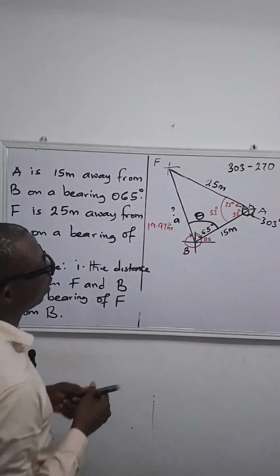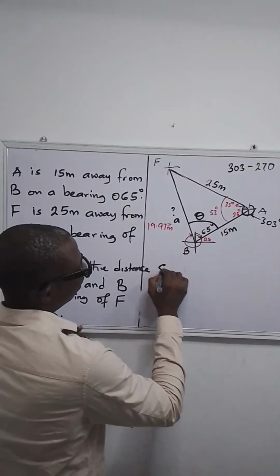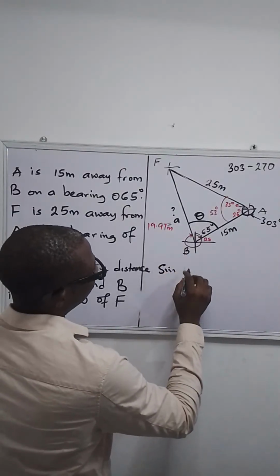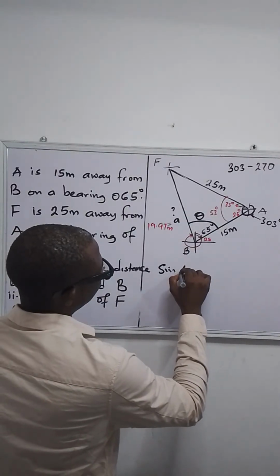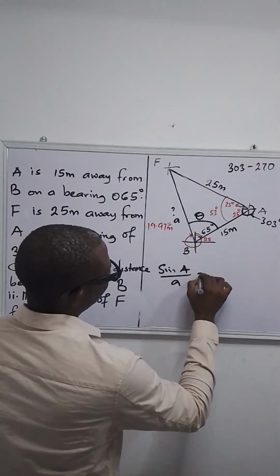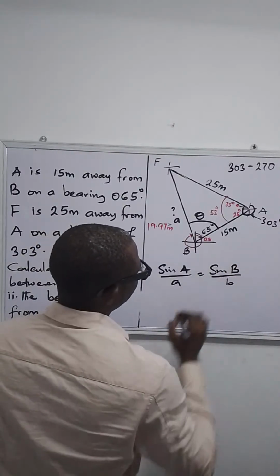Okay, so we are going to make use of the sine rule. So we have sine A over small a equals sine B over small b.